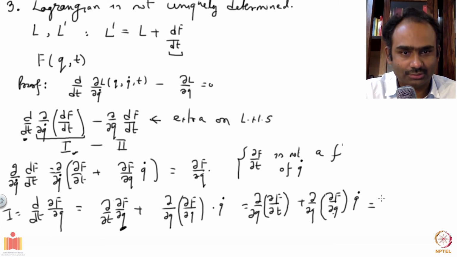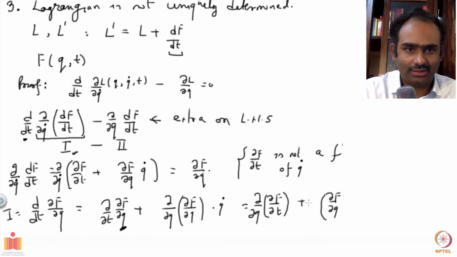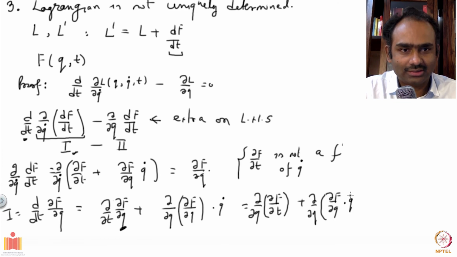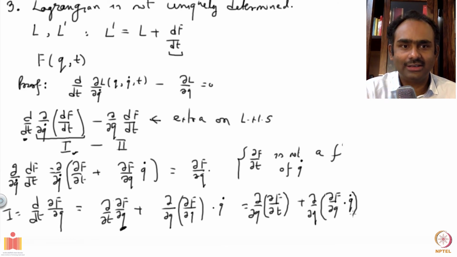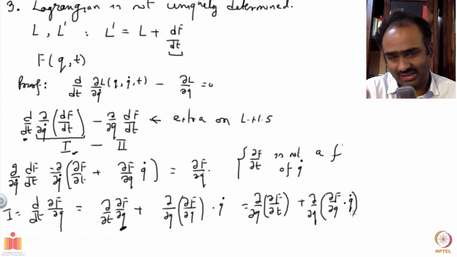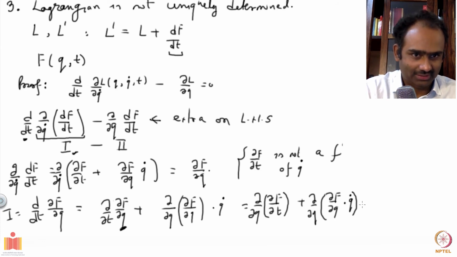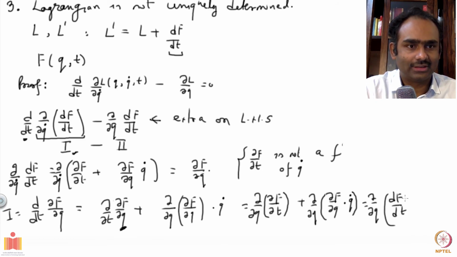Sorry, I wanted to do one more thing. So you have del over del q, and then I can bring in the q dot in the bracket. I can do so because when you take a partial derivative of velocity with respect to coordinate, that's 0. So I can bring this piece in, which means I can write this as del over del q of df over dt.